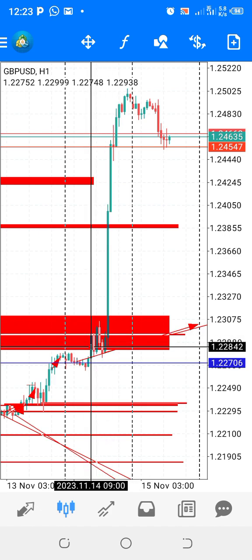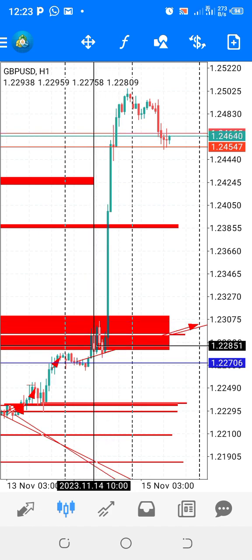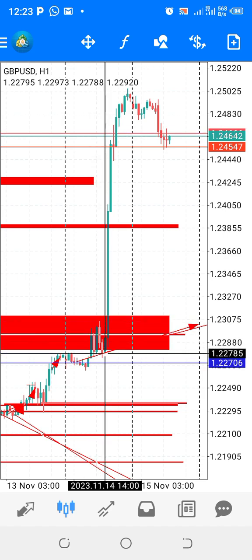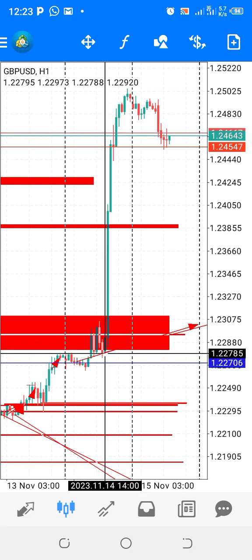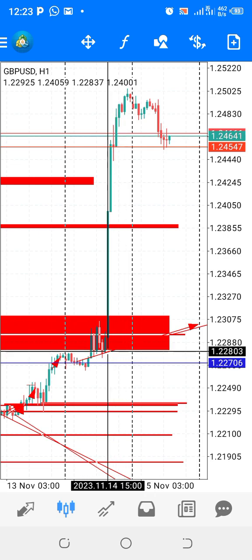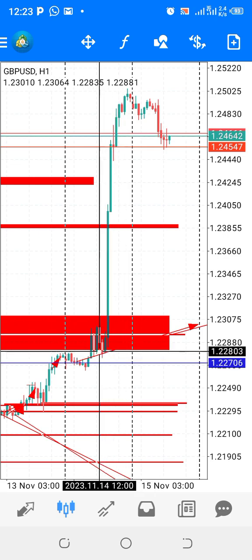Following that rule, the first fragmented move occurred, we held, then a new entry opportunity came again. So that would have been a double entry opportunity based on what we had discussed. So that would have been having double entries.